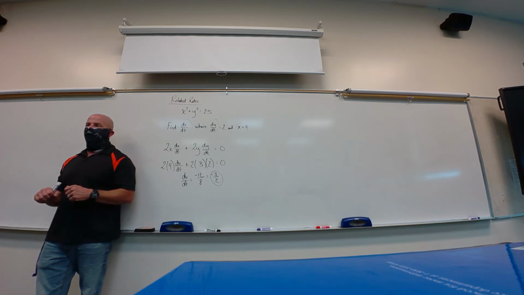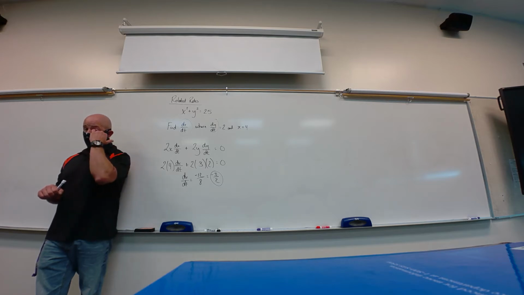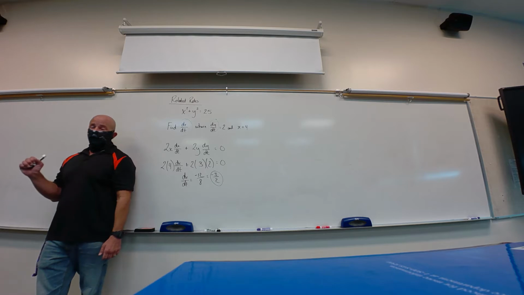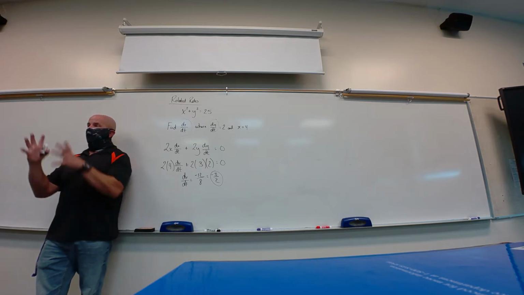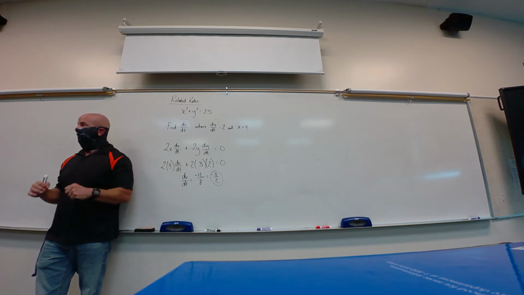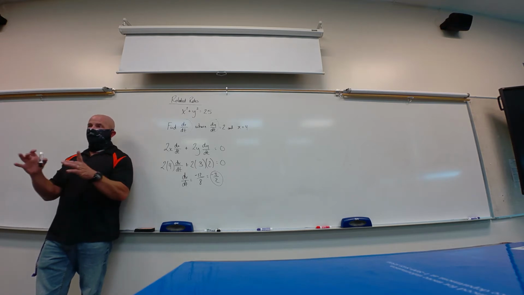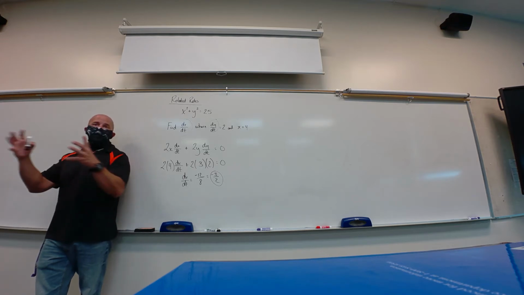All the other different rates get affected by it. You blow up a balloon. Air going in. There's a rate. What's happening to the balloon? It's getting bigger. If it's a circular balloon, the radius is getting bigger, right? The radius is changing. The volume's changing.